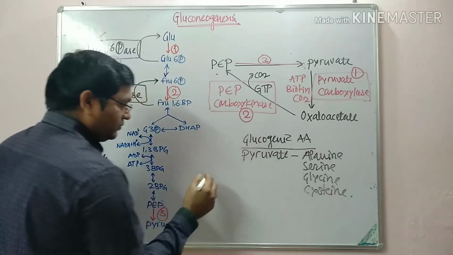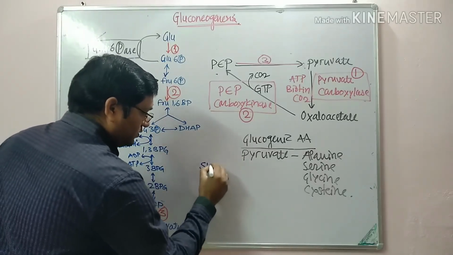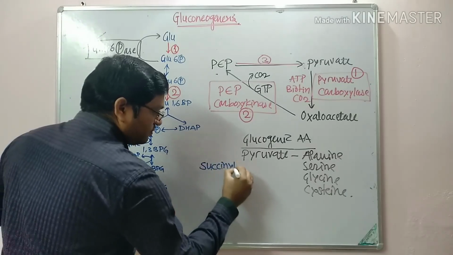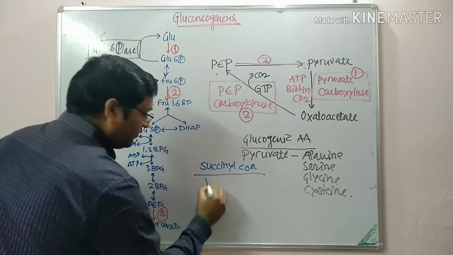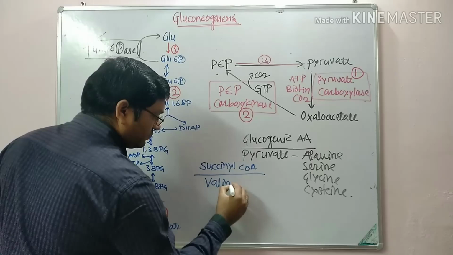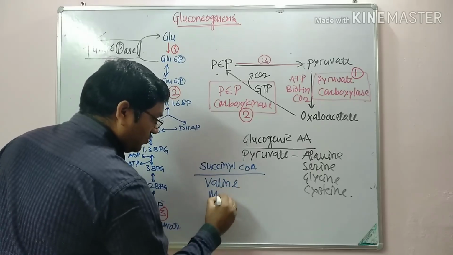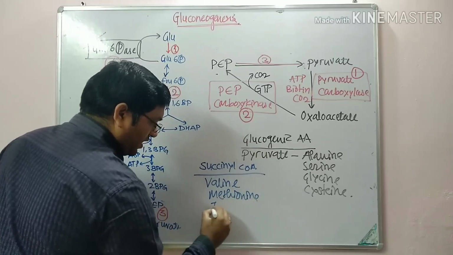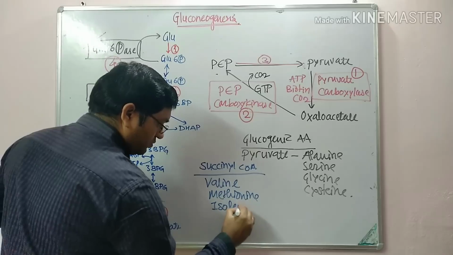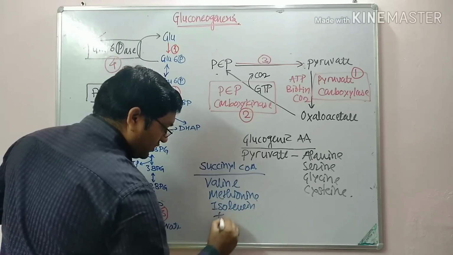Then succinyl coenzyme A is given by valine, methionine, isoleucine and threonine.